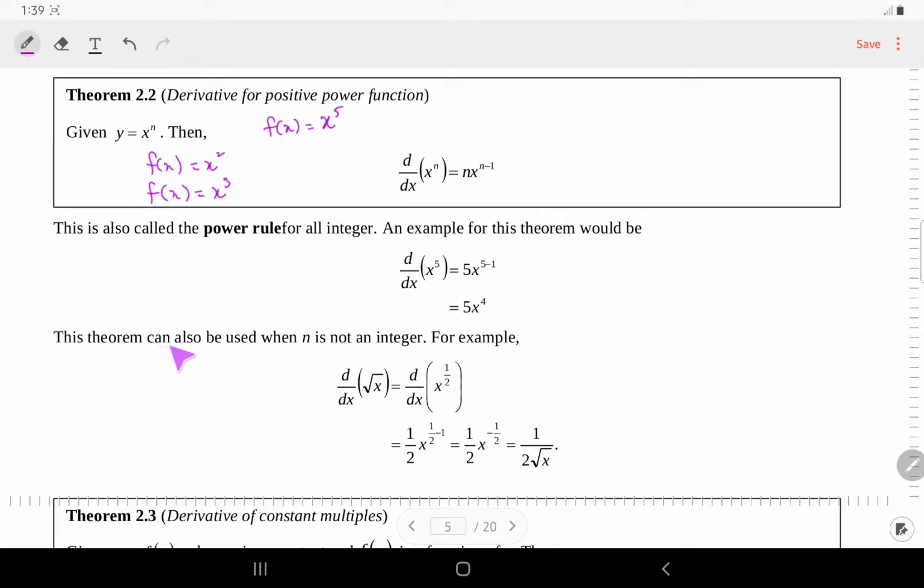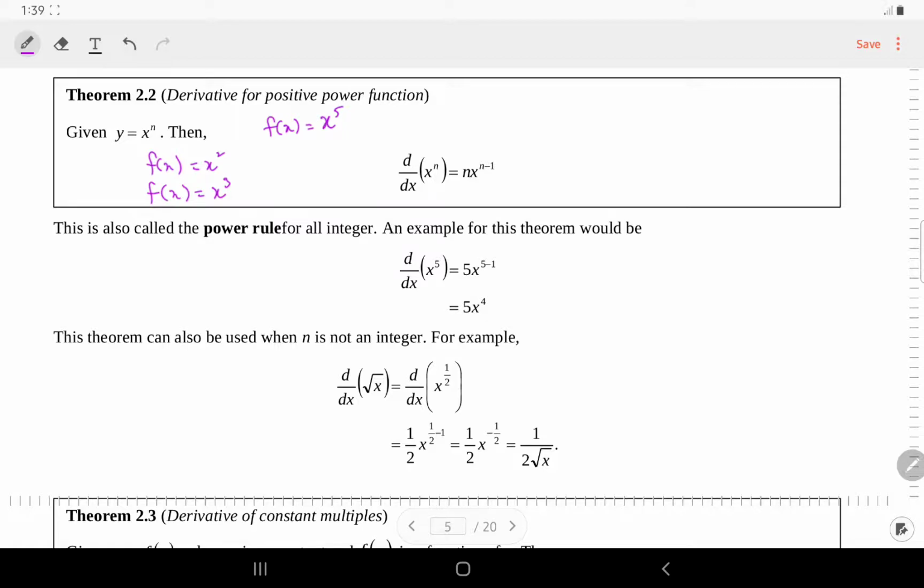Okay, this theorem can also be used when n is not an integer. Okay, n integer, maksudnya n ni tak semestinya nombor 1, 2, 3, 4, 5, 6, 7, 8, 9, 10. Boleh juga kalau contohnya n dia tu kuasa setengah, 1/2 macam ni. Okay, as long as the power is positive. Okay, power positive, so we can use this theorem.